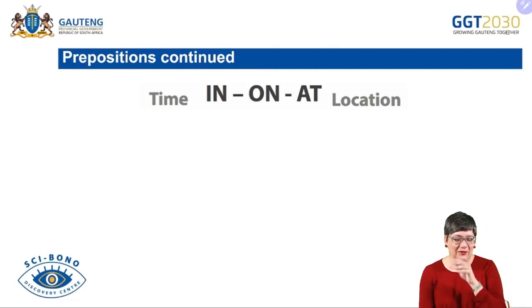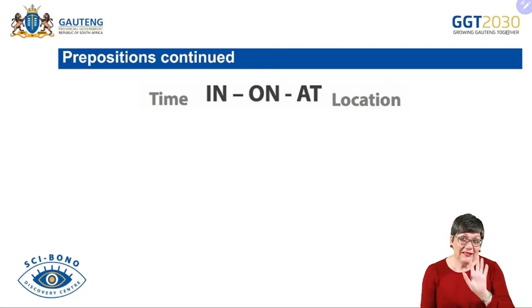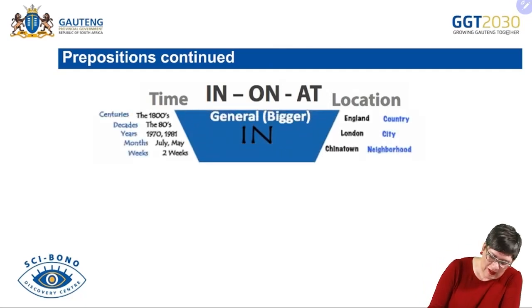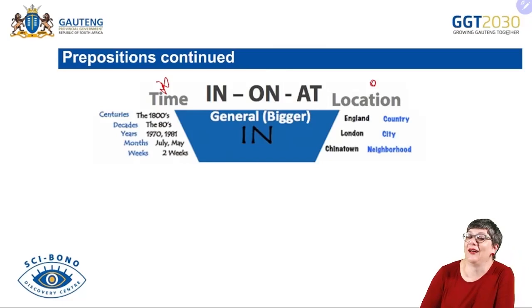Sometimes it's quite difficult to remember when we should use in or on or at. It doesn't always make sense. So I found this beautiful little graphic to help you. On the one side we've got time, and on this side we've got location.